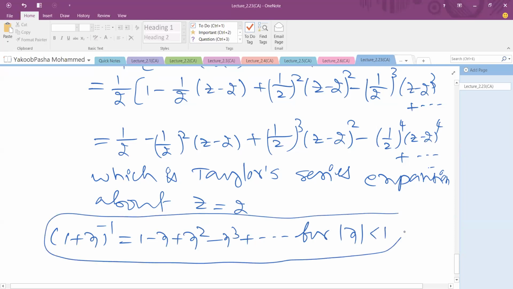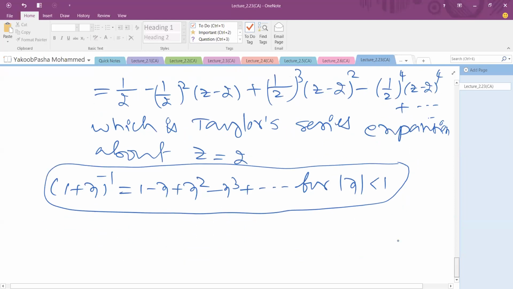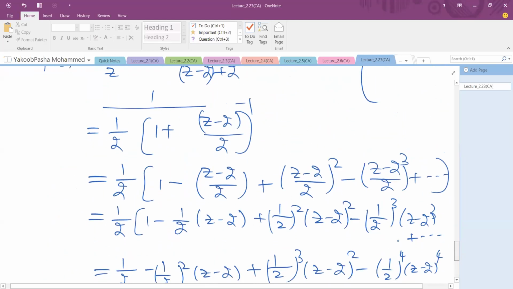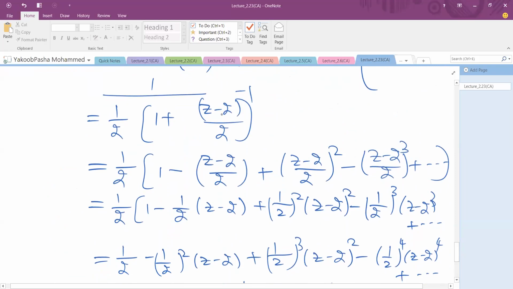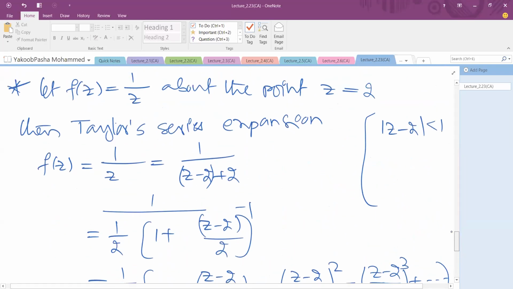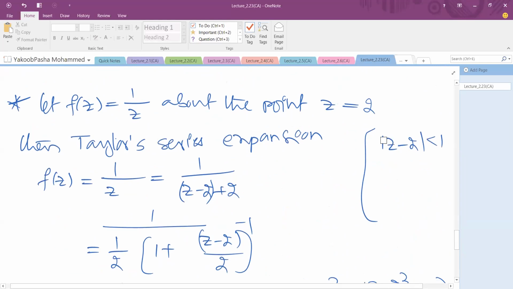Here we are taking x as z minus 2 by 2. So the condition is modulus of z minus 2 divided by 2 is less than 1.